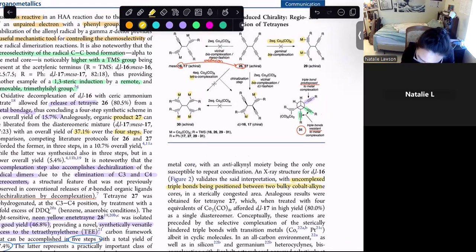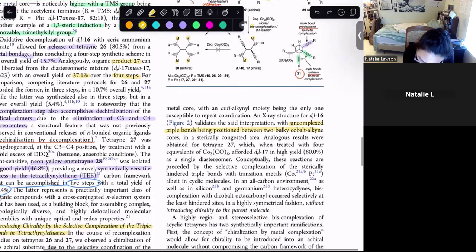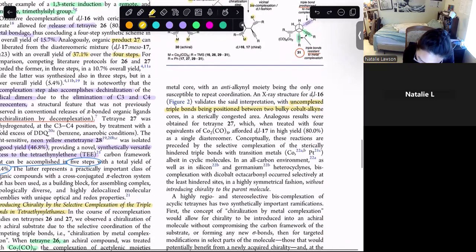Yep, like this right here. When treated with 4 equivalents of Co2(CO)8, reactions are preceded by selective complexation of sterically hindered triple bonds with transition metals.